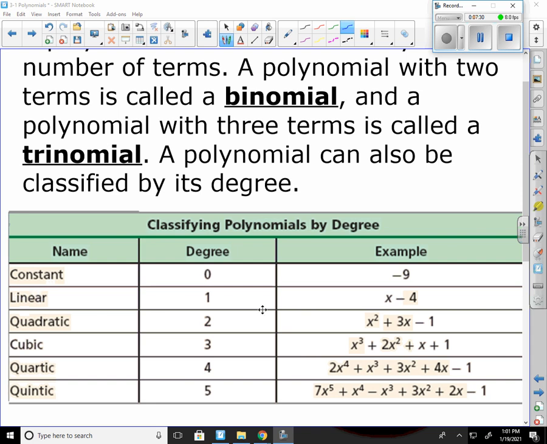If it has a degree of 2, like x squared plus 3x minus 1, that's quadratic. X to the third gives us a cubic. If the degree is a fourth power, it's a quartic. And if the degree is to the fifth power, that is a quintic function.